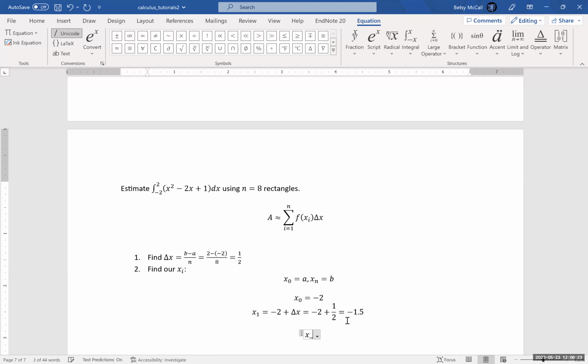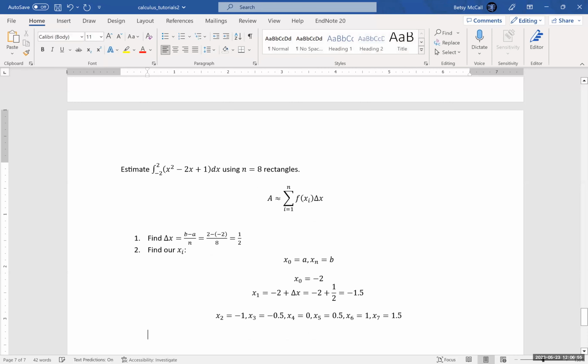So x sub 2 is equal to negative 1, and x sub 3 is equal to negative 1/2 or 0.5 if you prefer. x sub 4 is equal to 0. x sub 5 is equal to 0.5, that's 1/2. x sub 6 is equal to 1. x sub 7 is equal to 1.5.